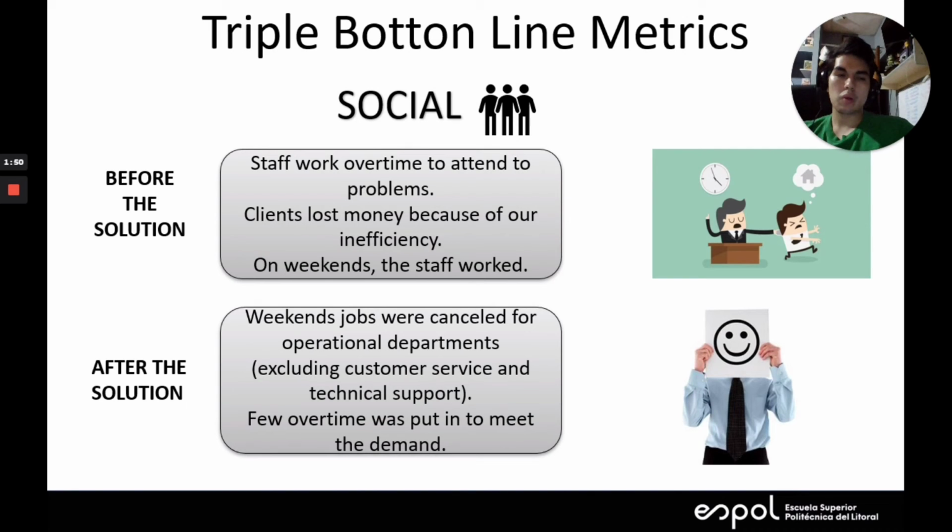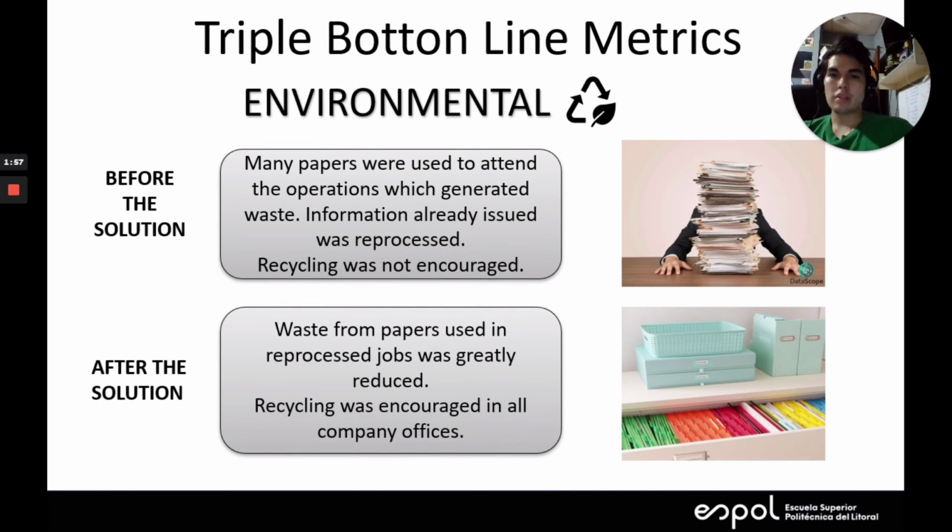After the solution, weekend jobs were cancelled, and there was almost no overtime. On environmental, many papers were used to attend the operation, and the information was reprocessed and recycling was not encouraged. After the solution, the waste of paper was reduced, and recycling was encouraged in all the company offices.